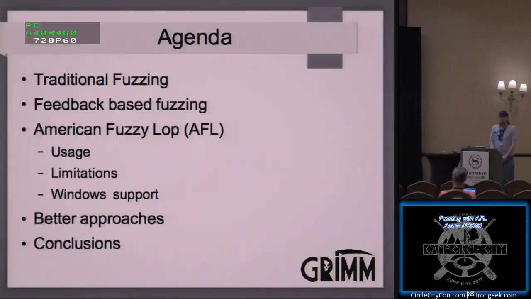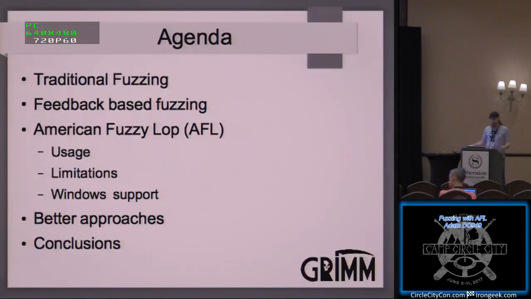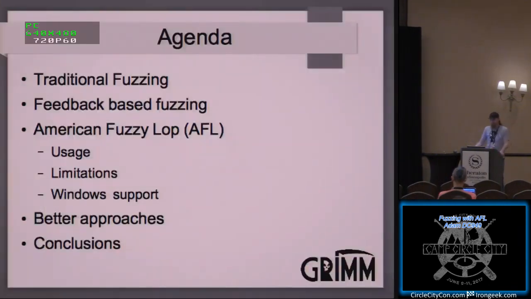The agenda. So first I'm going to talk about traditional fuzzing, like how it works, old school type, where you're just throwing a bunch of bits at a program and that's that. And then feedback-based fuzzing, which is what AFL uses. So that is way cooler because you get feedback from the target program to know, hey, was this input interesting, more so than did it crash or not.